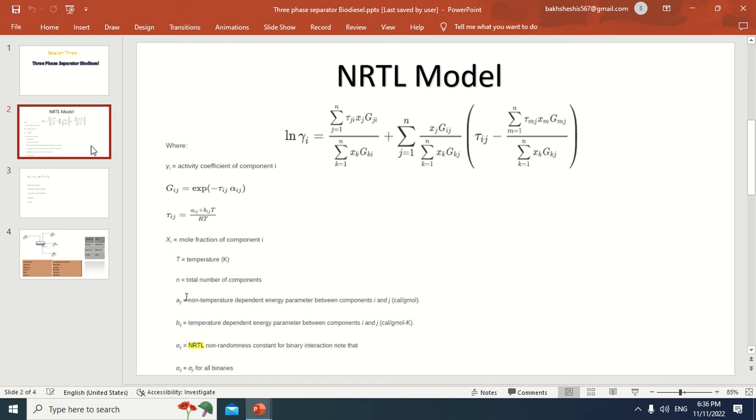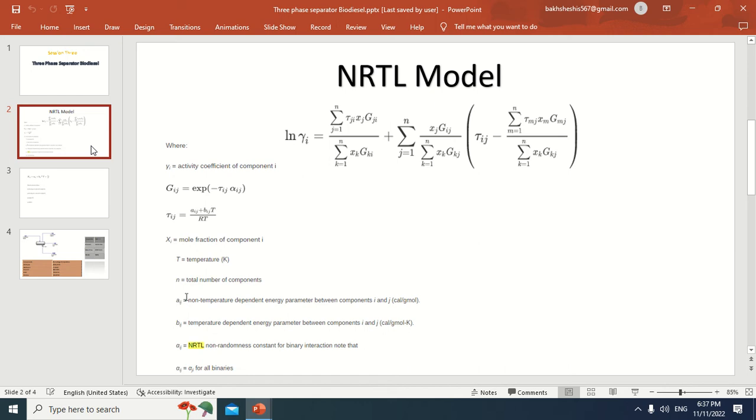The NRTL is thermodynamically consistent and it can be applied to ternary and higher order systems using parameters regressed from binary equilibrium data. It has accuracy comparable to the Wilson equation for VLE systems.